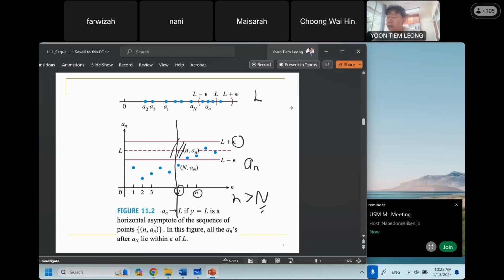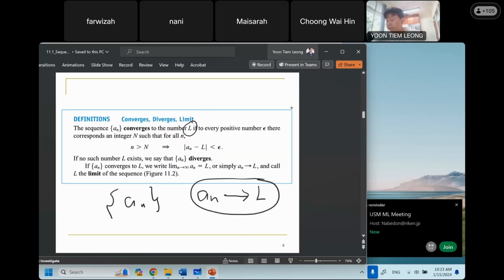The idea of the limit of a sequence is very similar to the definition of the limit of a function. You can also have the definition of a function that is converging. Here you also have the definition of a sequence that converges. If a sequence converges to L, then we say L is the limit of the sequence.